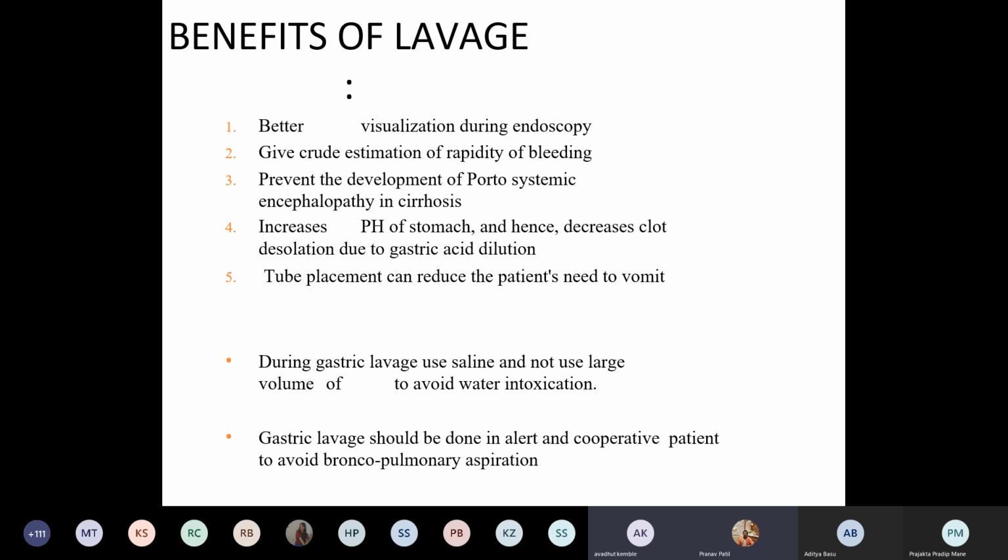It prevents the development of portosystemic encephalopathy in cirrhosis, increases pH, and hence decreases clot dissolution due to gastric acid dilution, and tube placement can reduce the patient's need to vomit. During this gastric lavage, we use saline and not a very large quantity of water, otherwise it will lead to water intoxication.